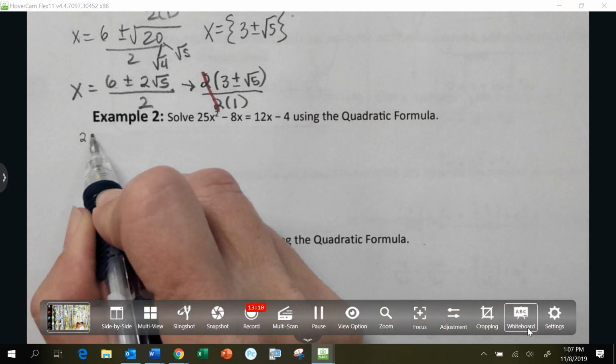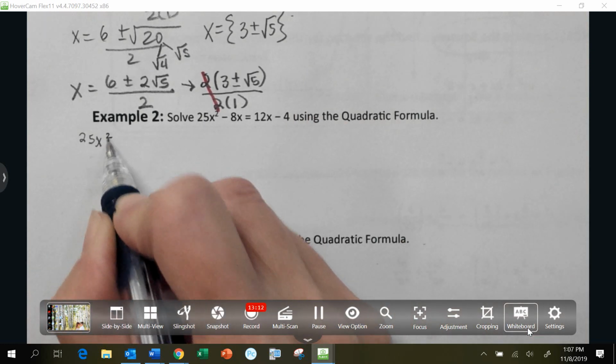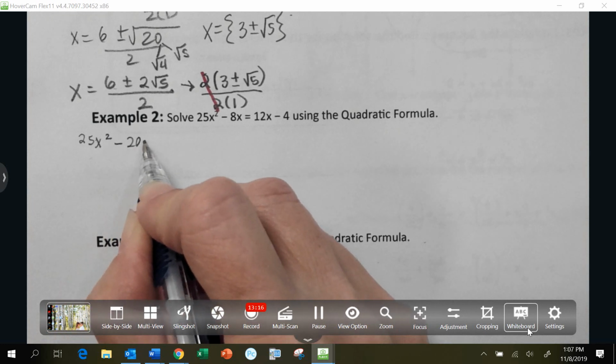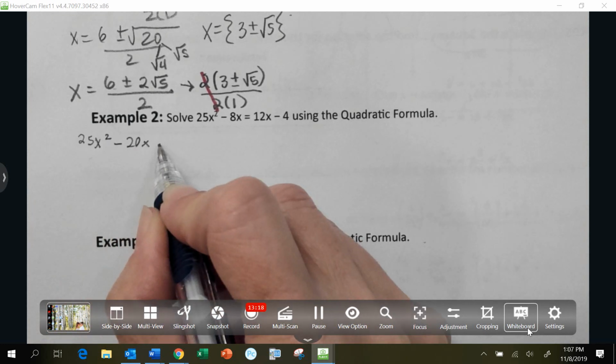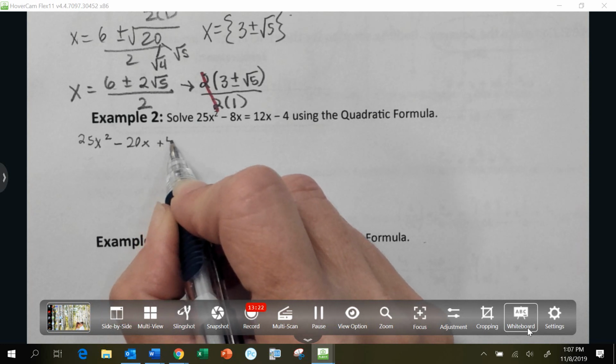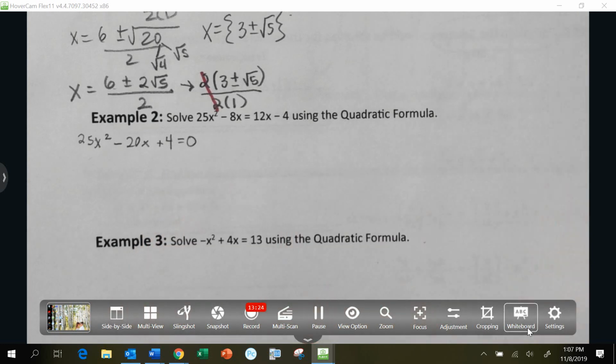So I'm going to have 25x squared minus 20x plus 4. Yes, it is. Sorry, I was second guessing myself. All right, so this is what I have.